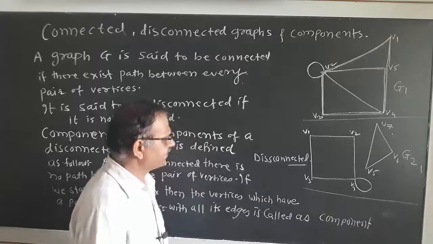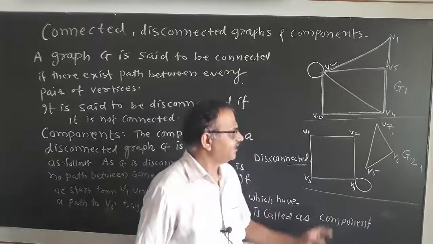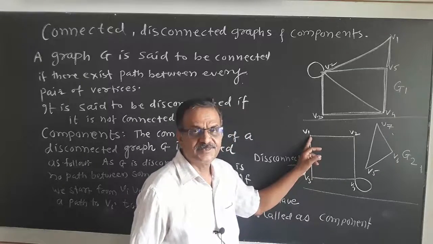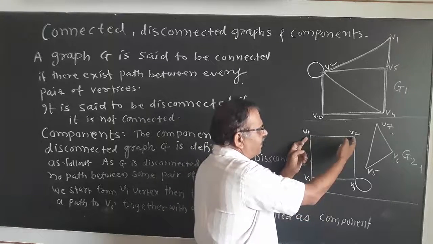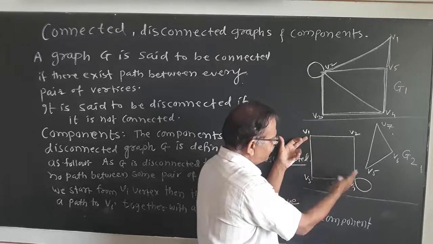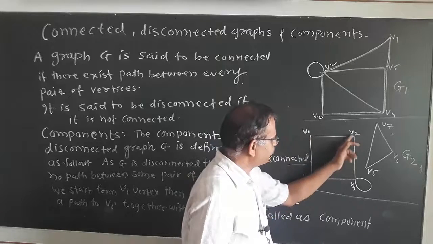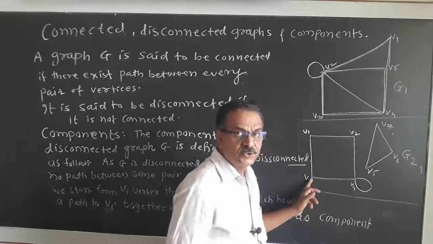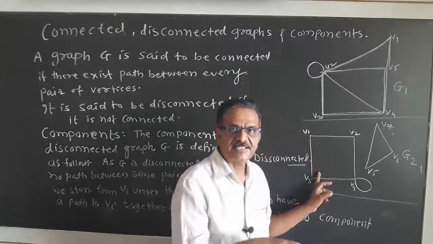If we consider this graph G2, in this graph G2, if I start from V1, then V2 is connected with V1 because there is a path between V2 to V1, path between V3 to V1, path between V4 to V1. Therefore, these four vertices together with all edges incident on it is called as a component.